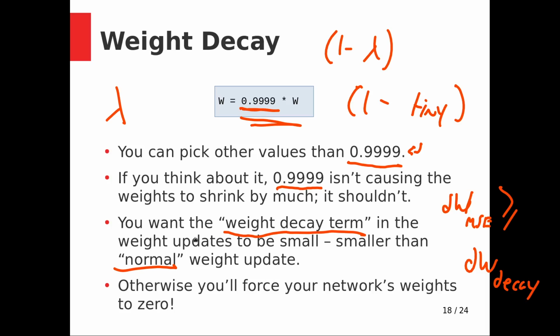If it isn't, weight decay will drag your weights to 0, and you won't be able to do anything about it, right? Even as your network gets worse and wronger, if the weight decay term is as large or larger than the mean squared error term, your weights will be hauled to 0. So you want the effect of this to be little bitty, so you want this number to be very close to 1, right?